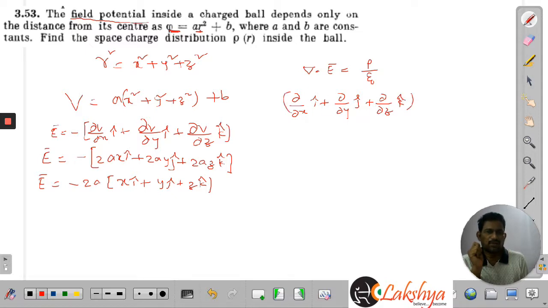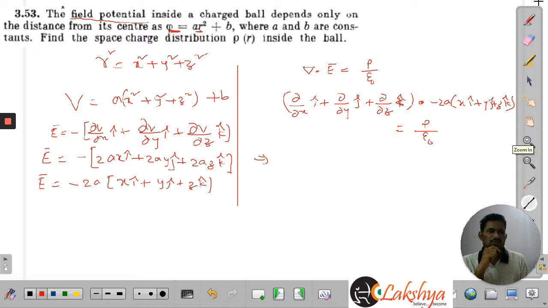Got it? This is our del operator, dot. Now E bar we need to write here. That E bar is nothing but minus 2a into xi cap plus yj cap plus zk cap. This value should be equal to rho by epsilon naught, right? Now let us simplify this equation now.